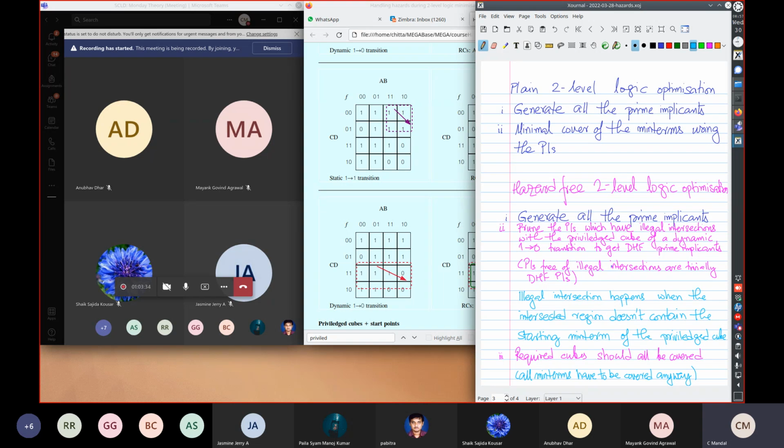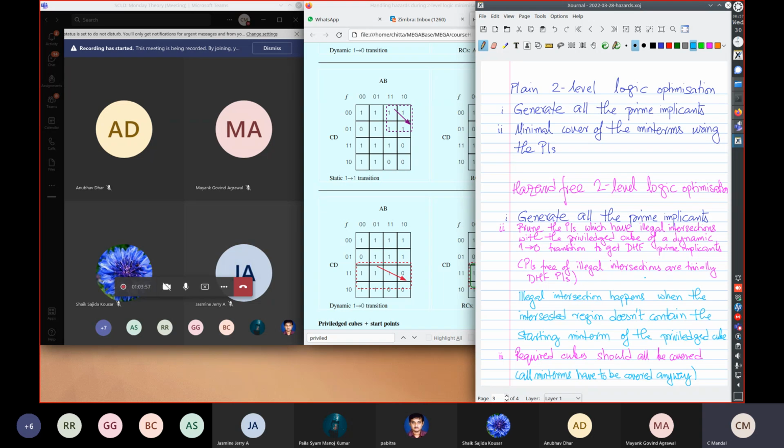So if the intersection doesn't include the starting point, that's when you have an illegal intersection. So illegal intersections have to be removed. So once you remove the illegal intersection, you are left with pruned prime implicants, which are the DHF prime implicants.